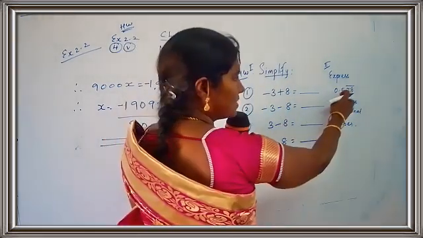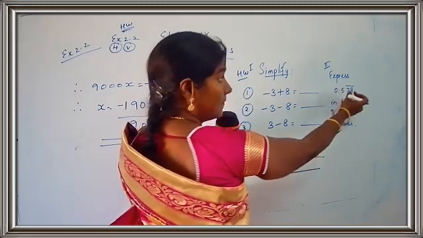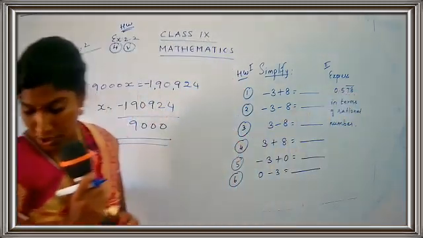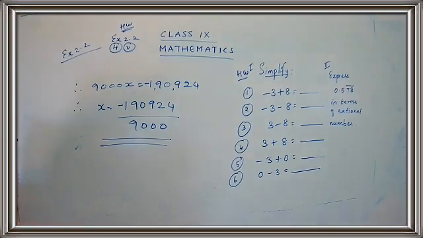Here the bar is for 7 8. Okay, the bar is not for the whole number. The bar is only for 7 8. 0.578 bar in terms of rational numbers.